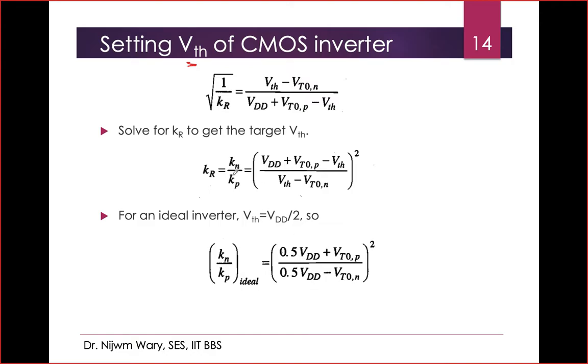I want this threshold voltage to be 0.5 VDD, because for an ideal inverter, VTH is VDD by 2. So the point where V in equals V out should be equal to VDD by 2. If I rearrange this equation, I'll get this kind of expression.